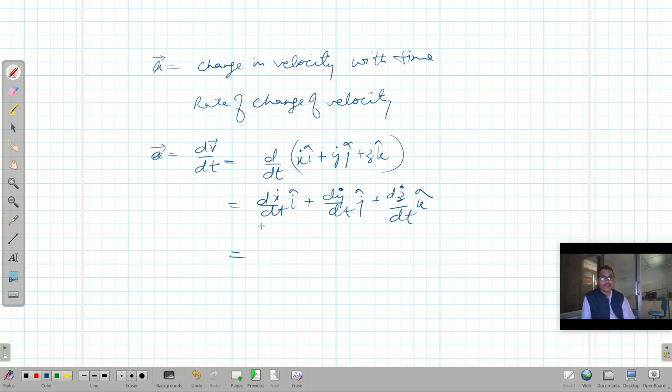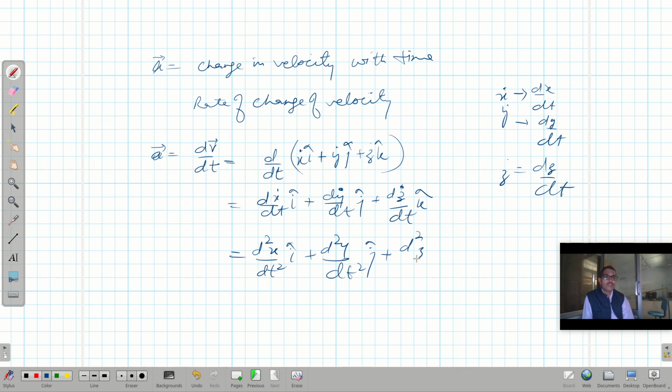Or, because I am taking a second order derivative of position, and I know that x dot is dx over dt, y dot is dy over dt and z dot is dz over dt, if I put these values here, this can be written as d square x over dt square i cap plus d square y over dt square j cap plus d square z over dt square k cap.